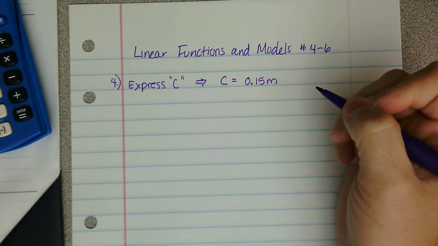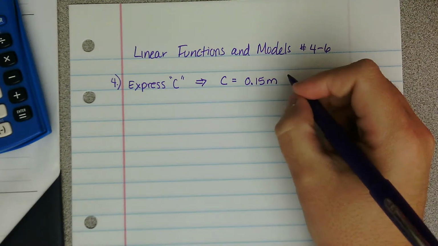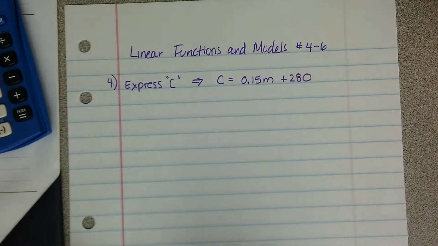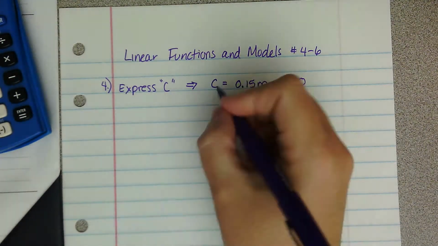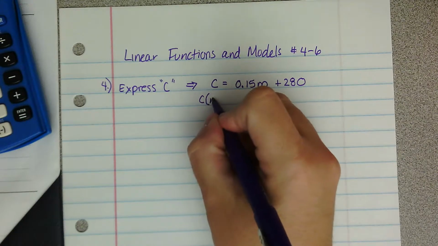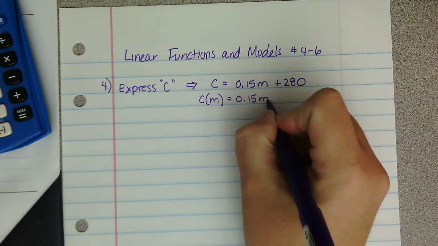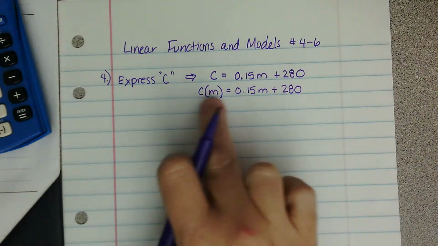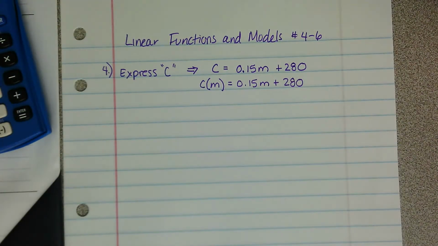And then her monthly cost just for the car payment itself was $280. So here's your linear expression or your linear equation for that. Now, if it's function notation, you would want C of M equals 0.15 M plus 280, because this would be function notation where you're saying that your independent variable is M.